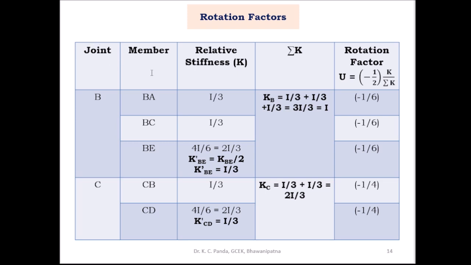Draw 5 vertical columns: the first column represents the joint, the second column the member, the third column the relative stiffness of the member, the fourth column the relative stiffness of the joint, and the fifth column the rotation factor.